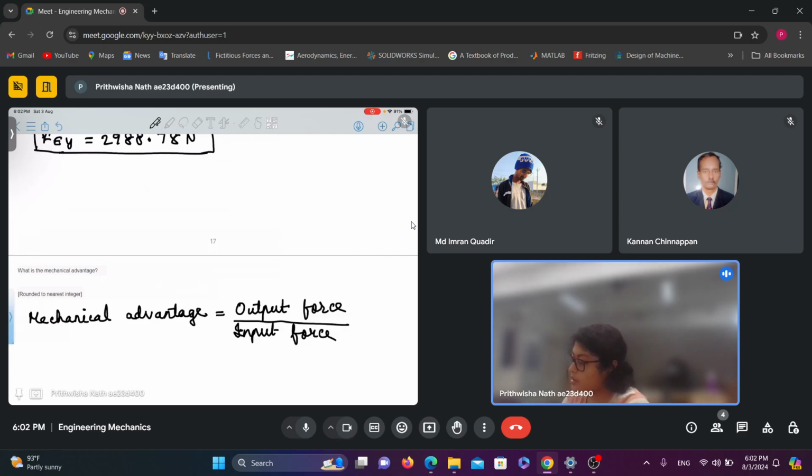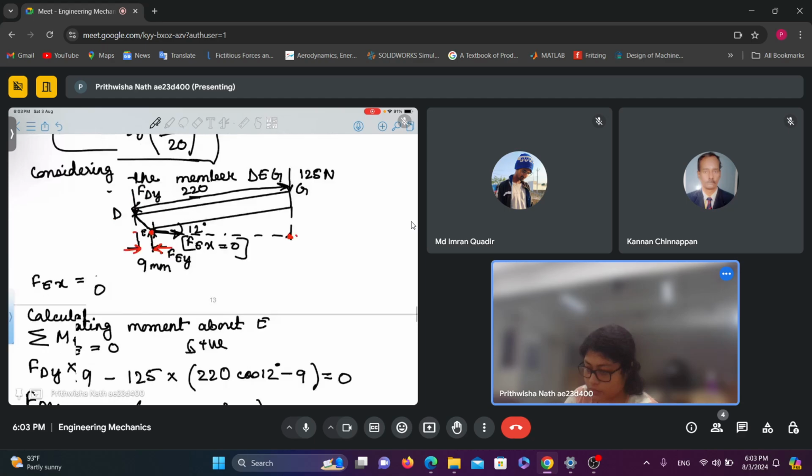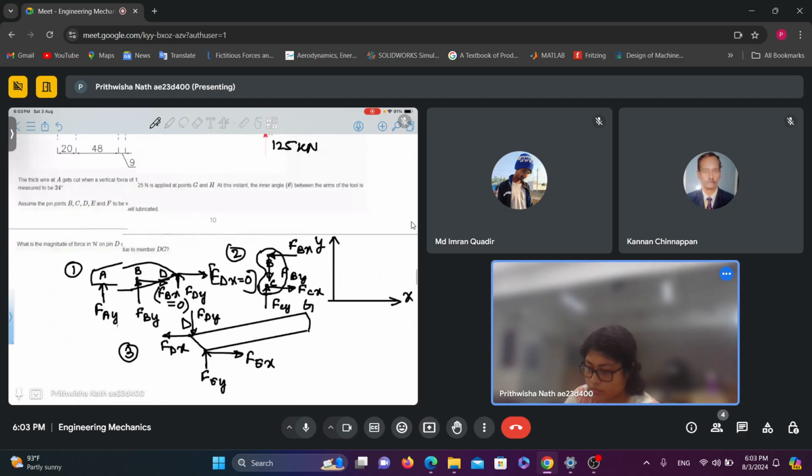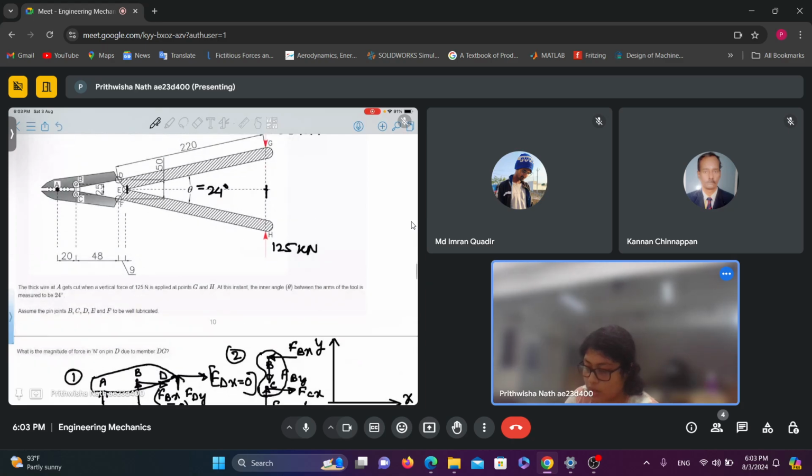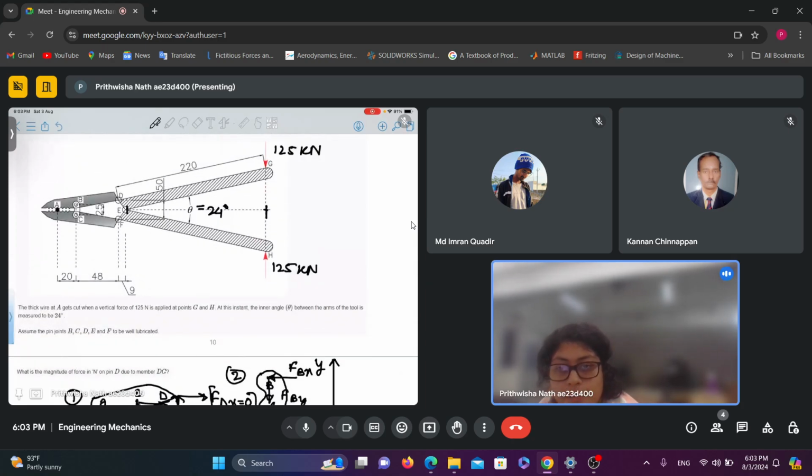Can someone tell me what is the output force? Which force is the output force in this problem?